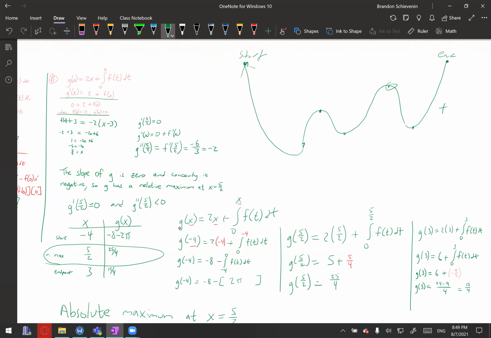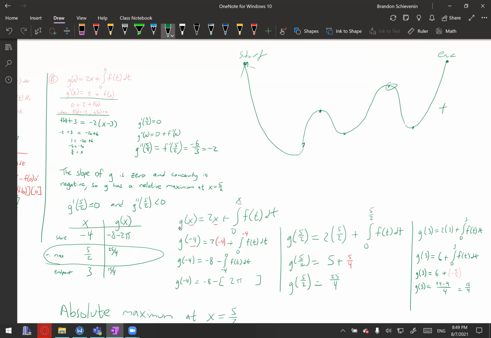In order to prove that we have an absolute maximum, that is the highest y value from point A to point B, from a start point to an end point, you'll need to check for all of your relative maximums and test the y values against the start point and end point to prove it for sure.